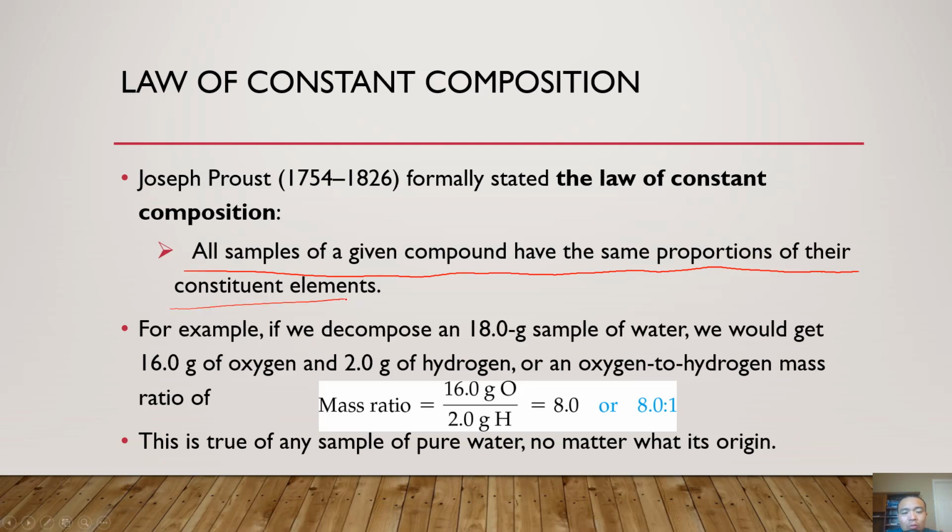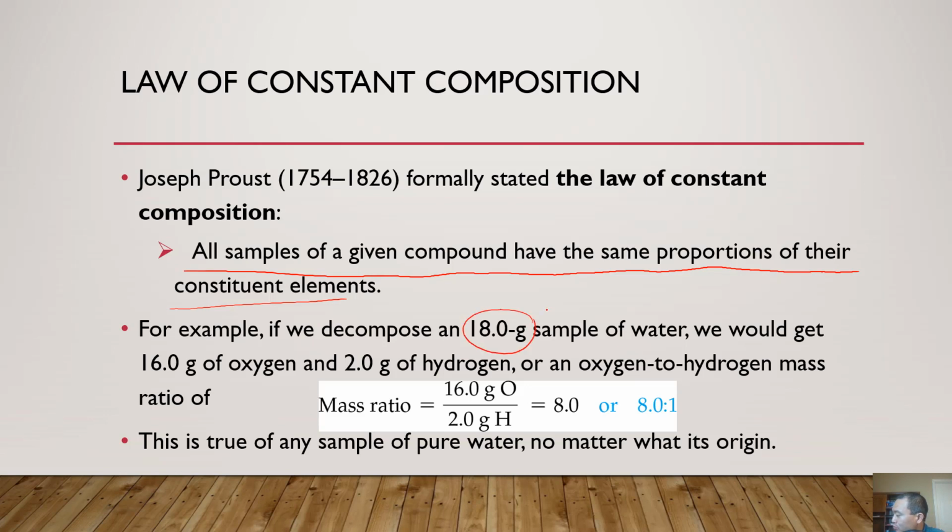This means for any sample, no matter where you find it and how you find it or how you made it, they must have exactly the same fixed, definite proportions. For example, for water, no matter where you find it or how you make it, they will always have the same ratio.